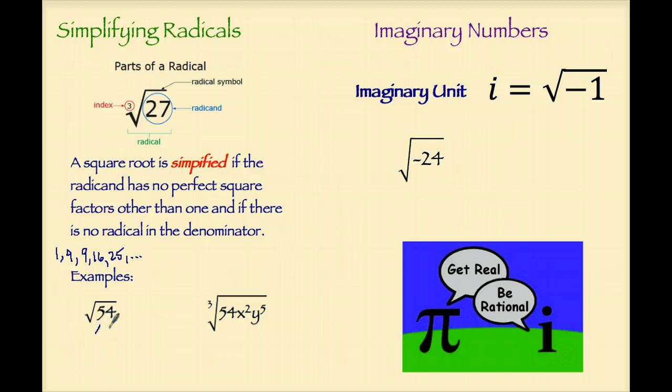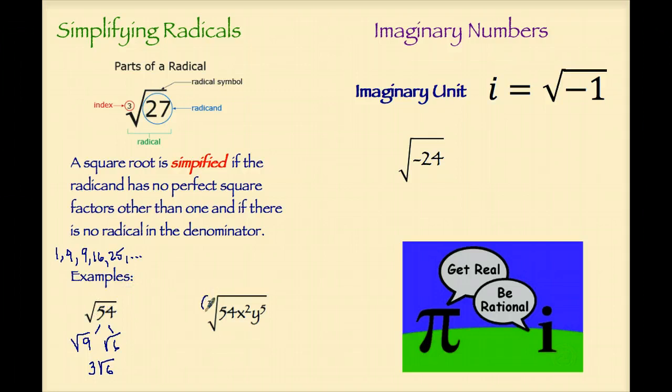We can divide it into a product of two parts, a part that is on the list and a leftover part. So we notice that 9 is a perfect square, and 9 times 6 is 54. So we divided it into a part that can be simplified by the radical. Square root of 9 is 3, and the leftover factor stays inside. So 3 square root of 6 is the simplified version of the square root of 54.